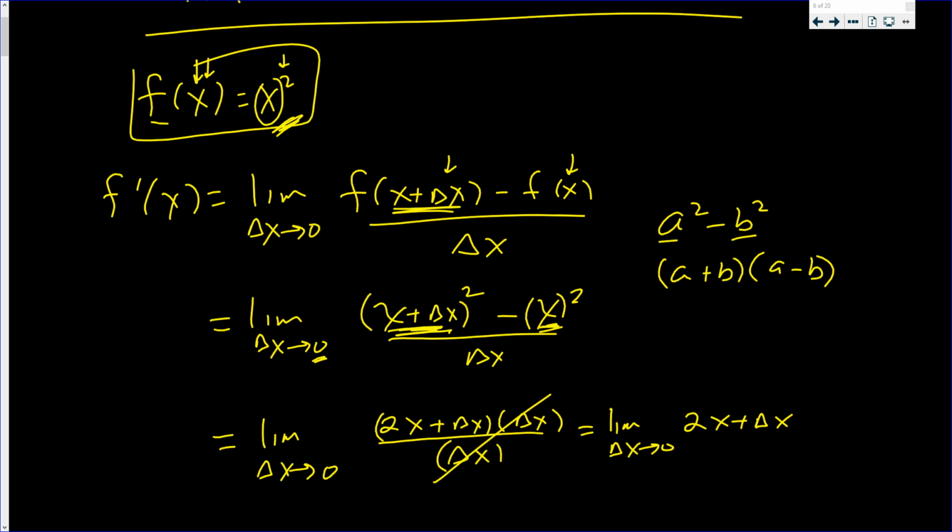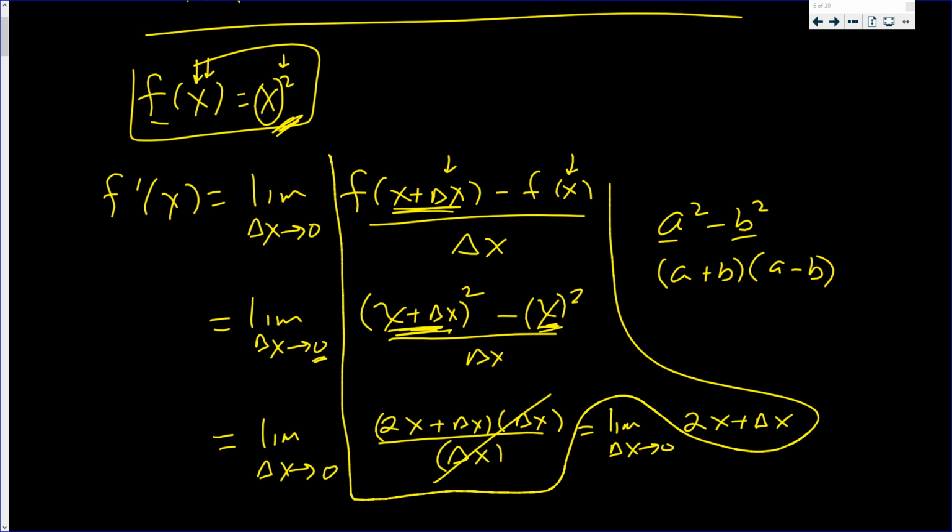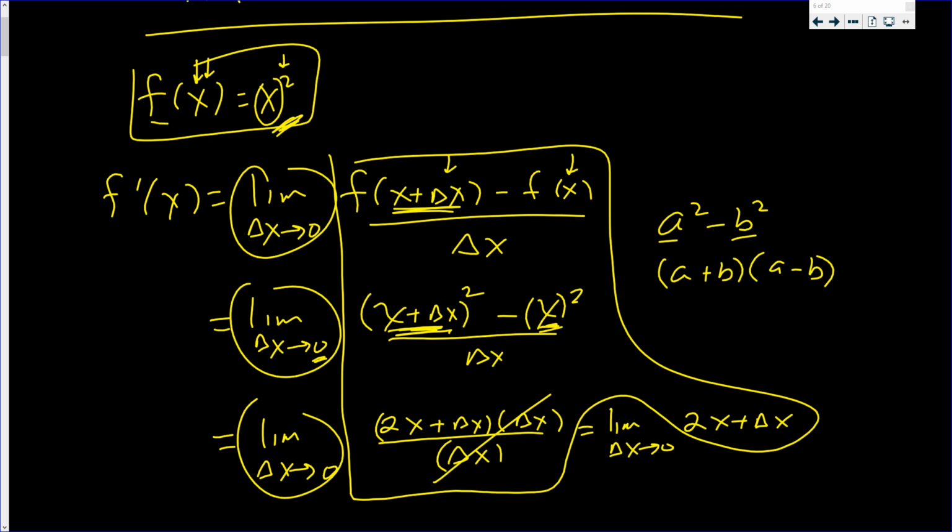So far, other than writing down delta x and the limit, all I did was 100% algebra. The calculus was just writing down limit and knowing the formula. Now, the hardest part of the calculus: wherever you see delta x, plug in 0. So you get 2x. Just calculus, calculus.